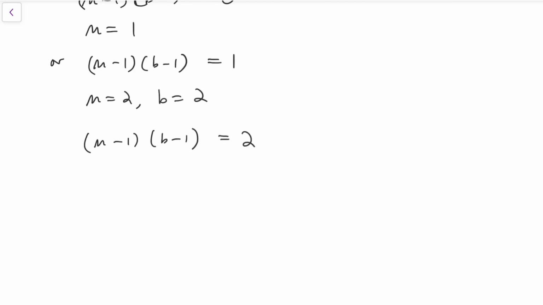Or for the product equals 2, then either m equals 3 and b equals 2, or m equals 2 and b equals 3.